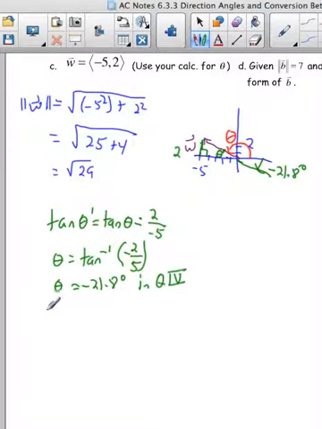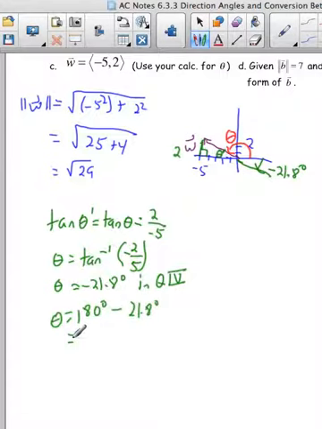So we have to figure out how we can get from negative 21.8, which is that theta prime, to our true angle theta. If we want all the way from the positive x-axis to the negative x-axis, that would be 180 degrees. So our angle theta is going to be 180 degrees minus this theta prime, which would be 21.8 degrees.